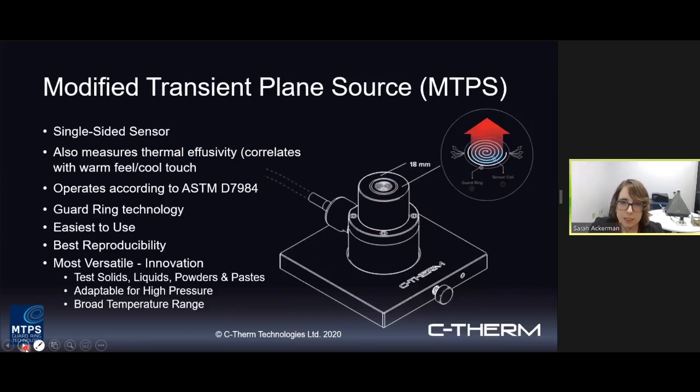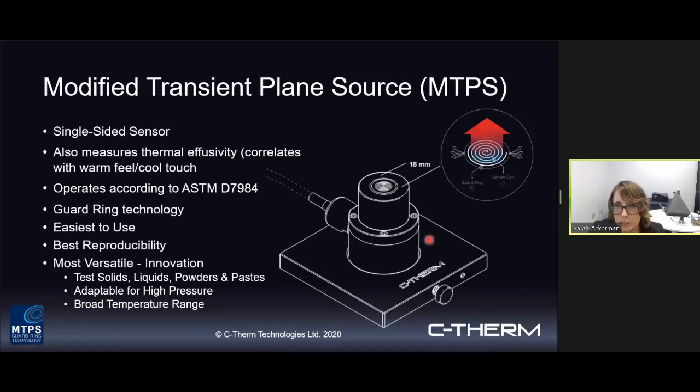So some folks who are interested in objective measures of human comfort perception might be interested in taking a look at that ASTM D7984 and some of the similar research that's been done in the application of thermal effusivity to human touch perception.